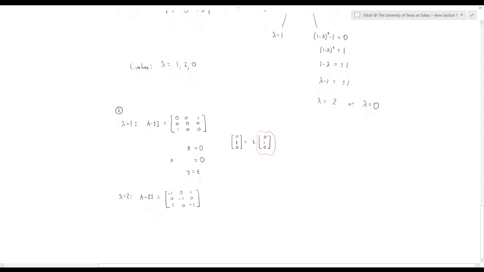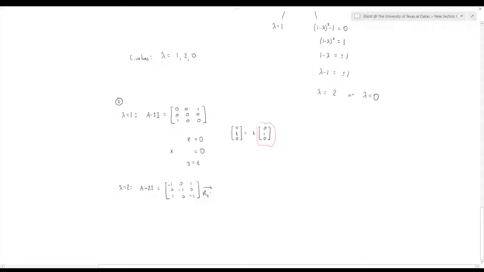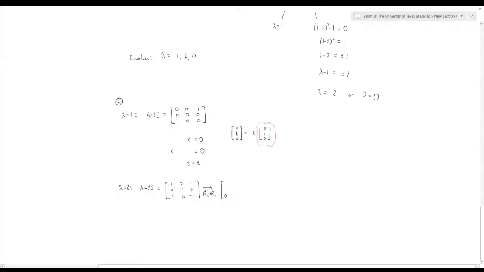And then again, you want to find the null space of this matrix now to get the corresponding eigenspace. So maybe here, if we do a few operations real quick, if we just add row 1 to row 3, I see that gets us a row of zeros.